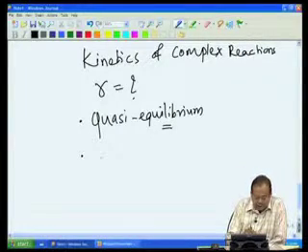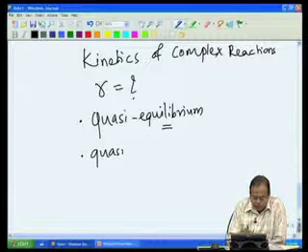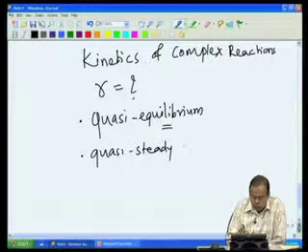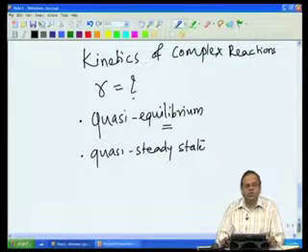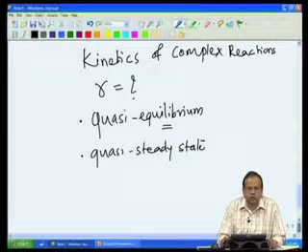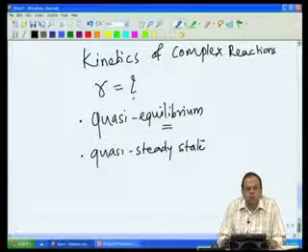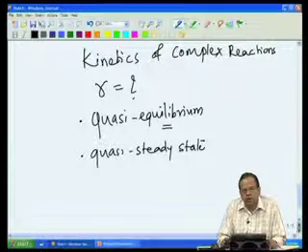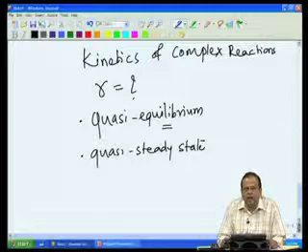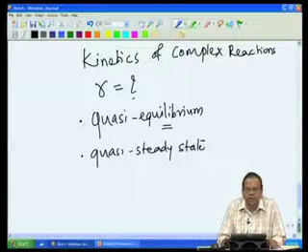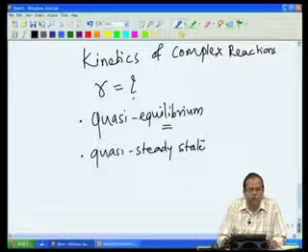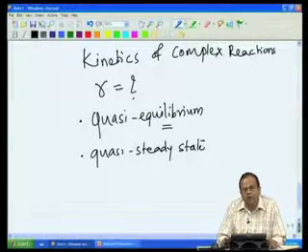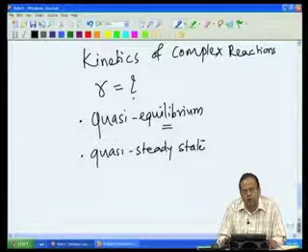The other idea is quasi steady state, and here we apply this idea to species rather than to the reactions. So, we say that the dynamics of certain species is slow compared to others. Those species which are highly reactive, or whose dynamics is very fast, attain their steady state much faster, before the slow species can show any measurable progress.